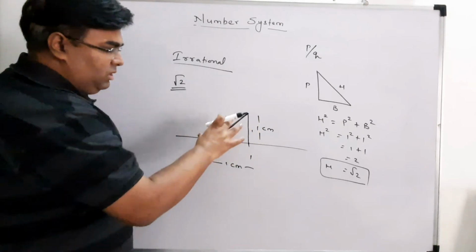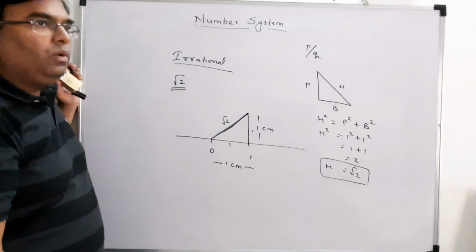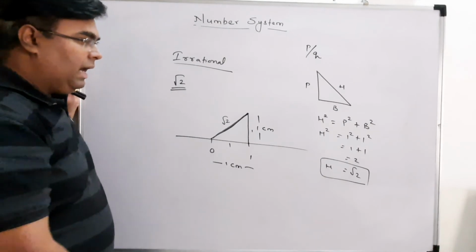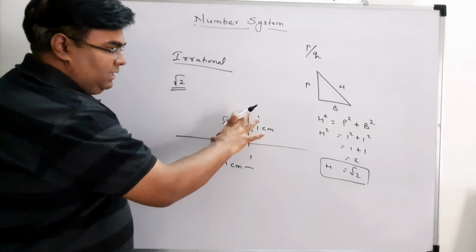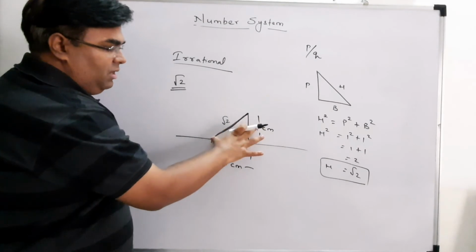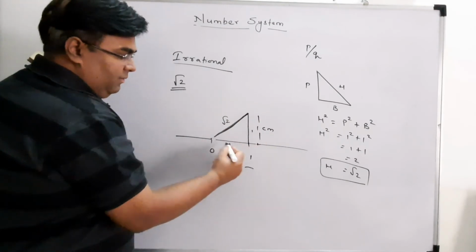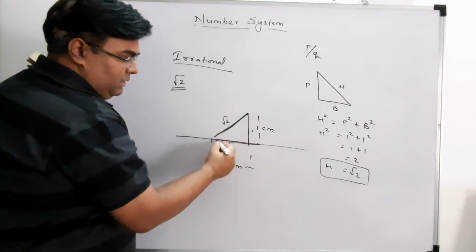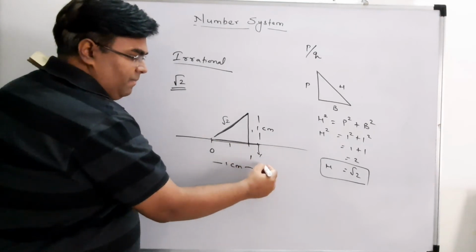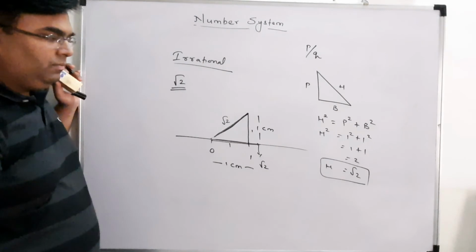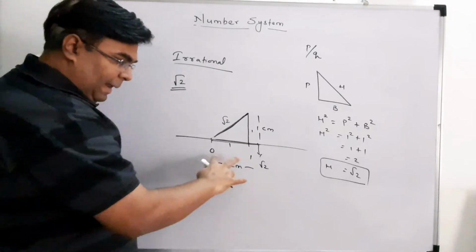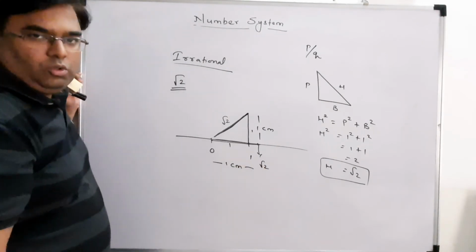Now if you measure this length by your compass or rounder and mark the same measurement on the number line, you are getting it here. So this length is my root 2. So on the number line we have captured root 2.